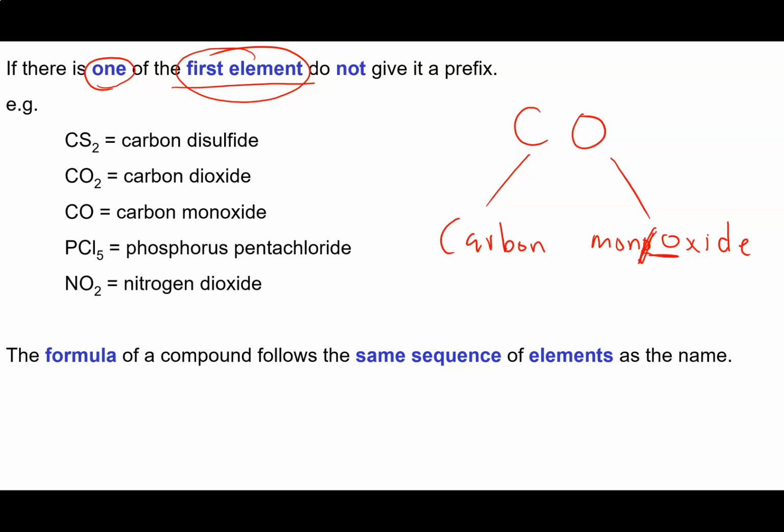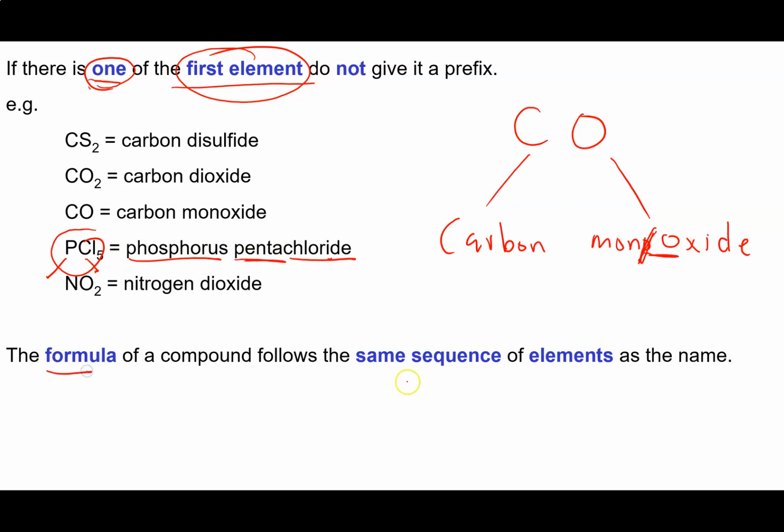All right, so name of the first element in each case, so phosphorus, there it is, and then name of the second element, change the ending to IDE, so that becomes chloride, and then Greek prefixes to indicate how many of each, but remembering that if there's only one of the first, you don't have to give a mono, so it becomes phosphorus pentachloride, with 5 of the chlorine.